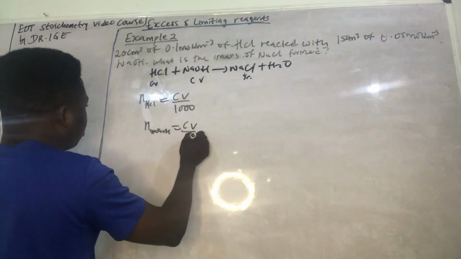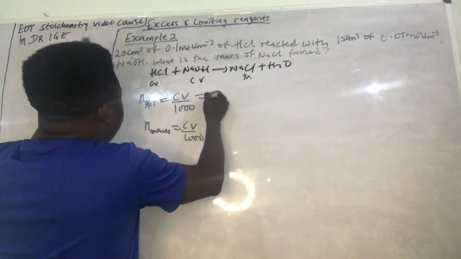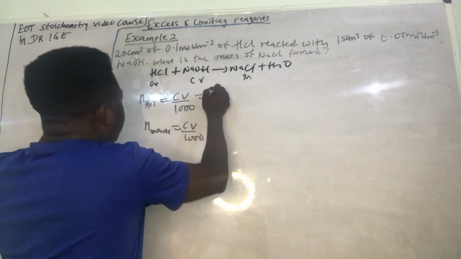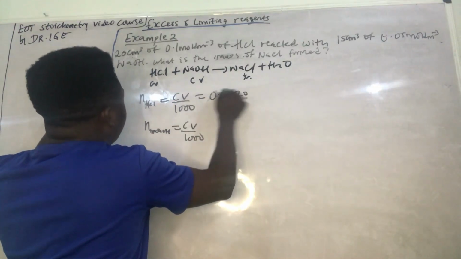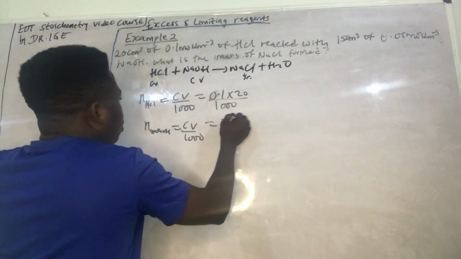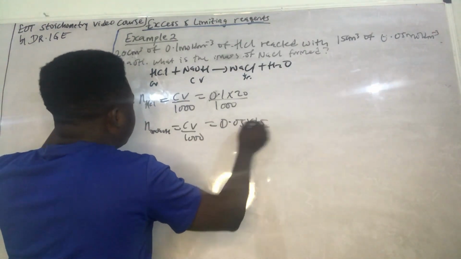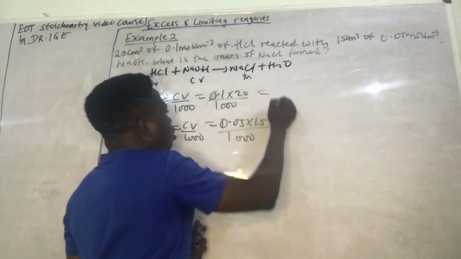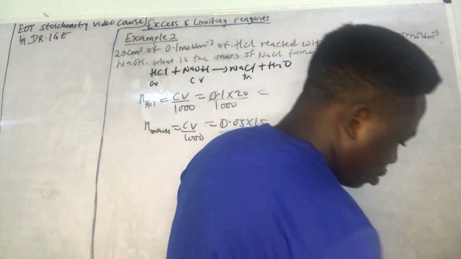CV over 1000. What is C here? 0.1 times 20 over 1000. What about here? 0.05 times 15 over 1000. So let me bring the values out.